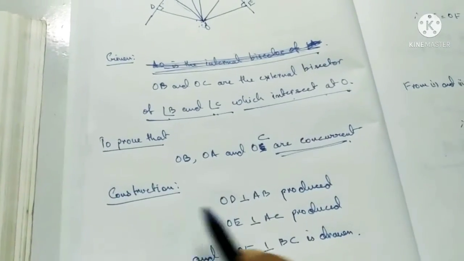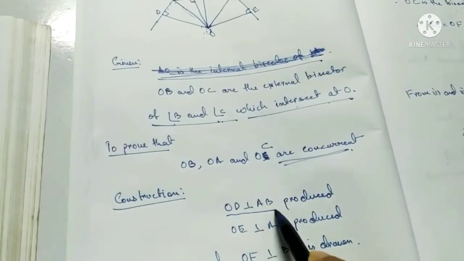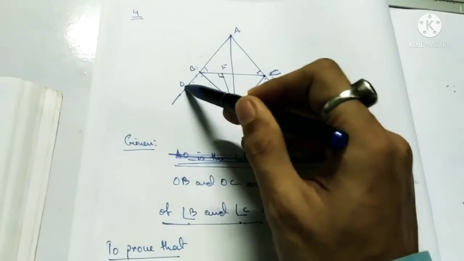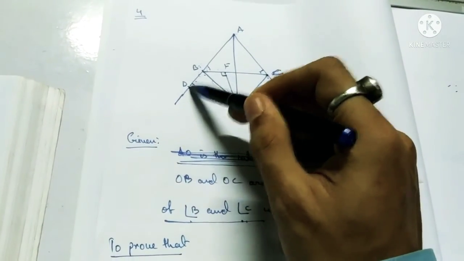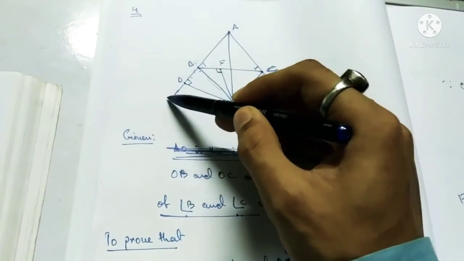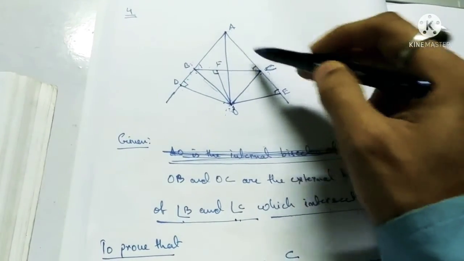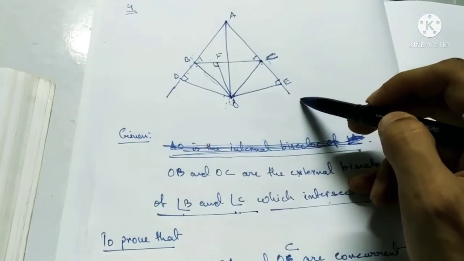Now construction. OD perpendicular to AB produced, and OE perpendicular to AC produced.